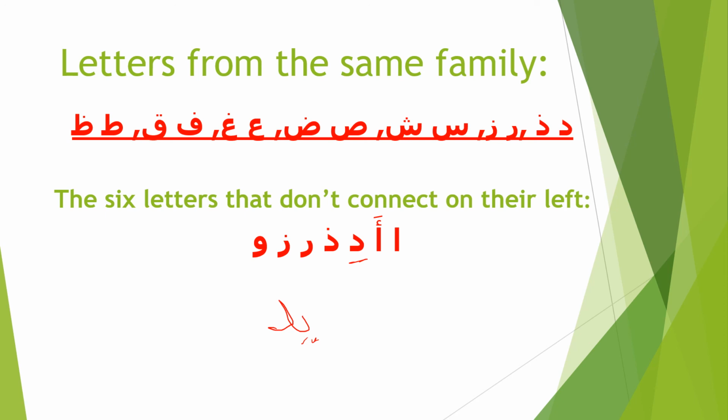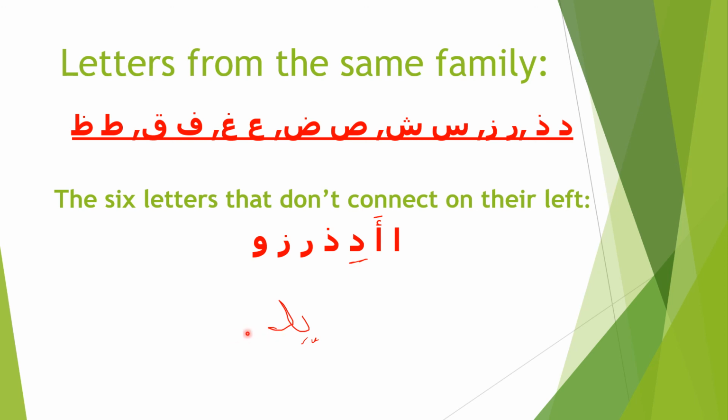So the dal right here, when it's connected, again, we will talk about in future videos how letters change their appearance when they are connected to things. Sometimes they look the same, sometimes they change their appearance. So like this one right here, the dal doesn't look exactly like this, but it's similar. So yad.